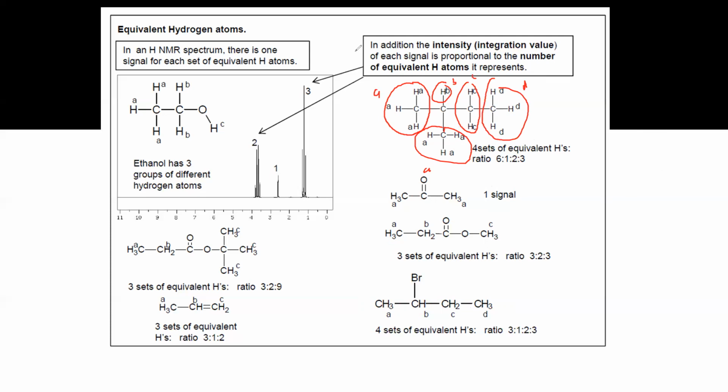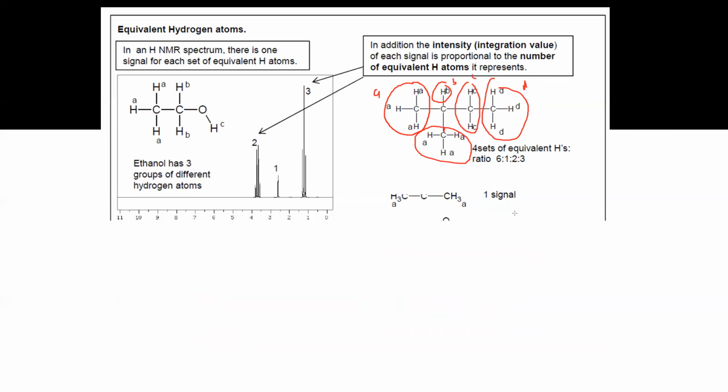Because there are 4 hydrogen environments, there should be 4 peaks. So due to 4 hydrogen environments, in a low resolution NMR, we will get 4 peaks.